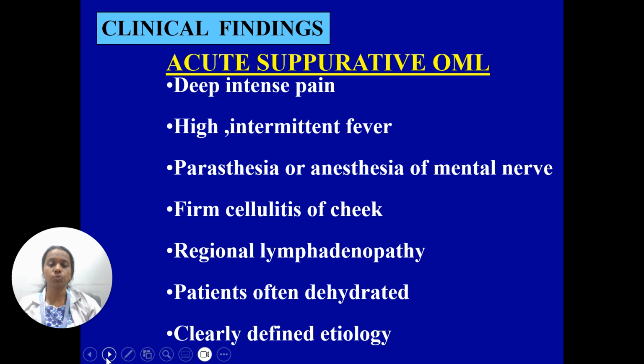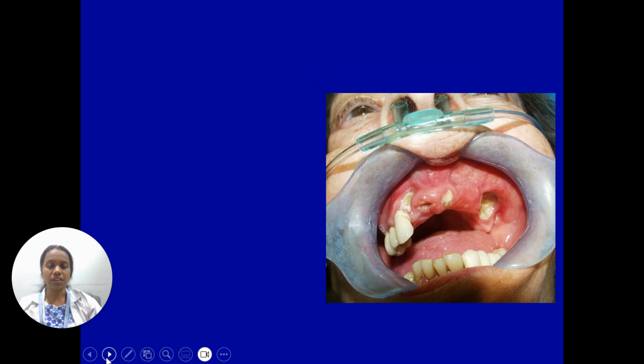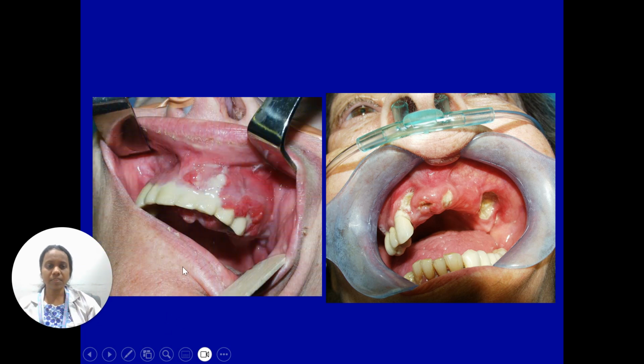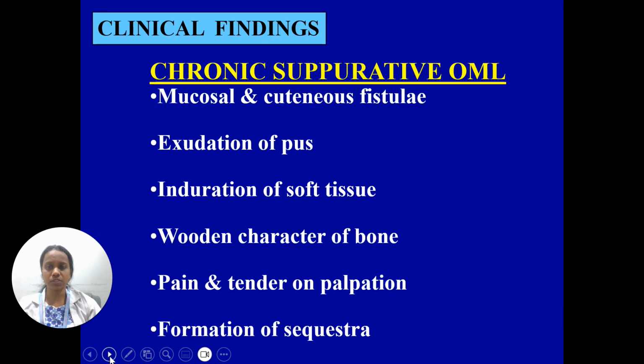Along with that, the patient appears to be dehydrated, and when we examine intraorally, we can clearly see an etiological factor like the infected tooth, or the patient is immunocompromised. Clinically you can see pus discharge, and when the bone is seen, it is clearly unhealthy and has lost its vascular supply.